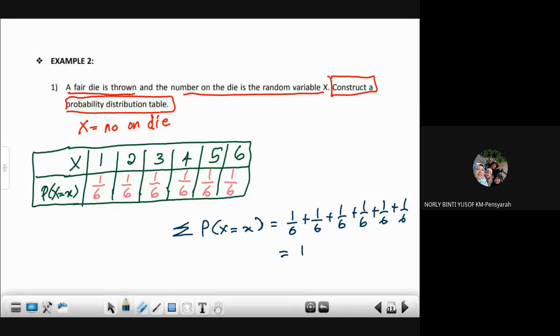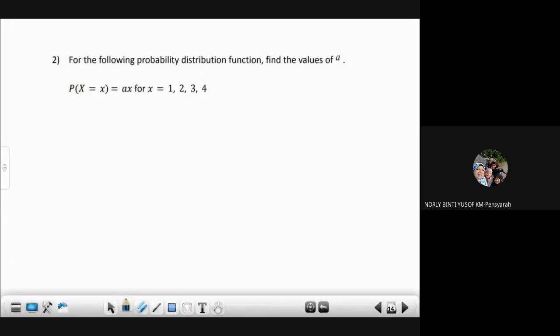Then it goes for number 2. Bila you ada huruf function lah. This is mathematical formula. So dia bagi probability of X is equal to AX for discrete x = 1, 2, 3 and 4. So kita build table first.